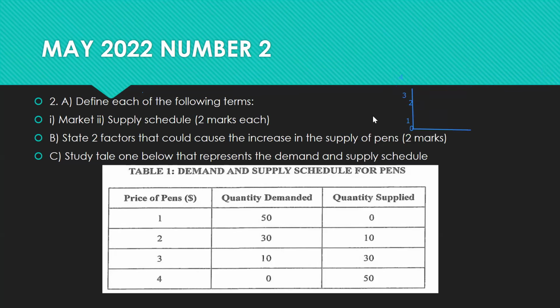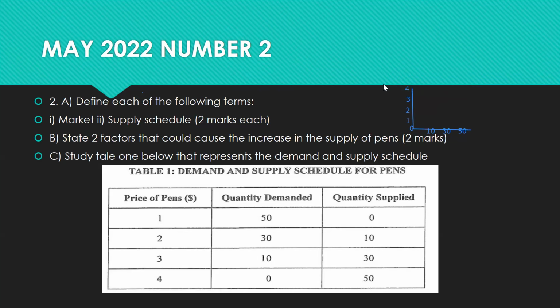Then I have my quantity: 10, 30, 50, and I'll plot my graph.